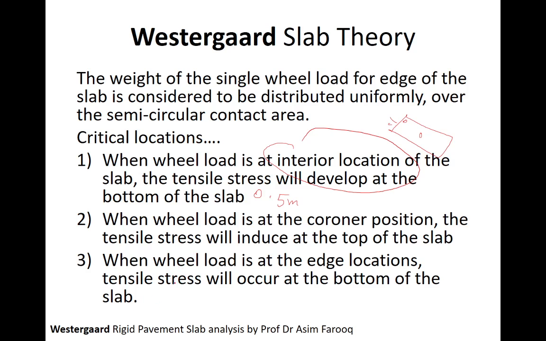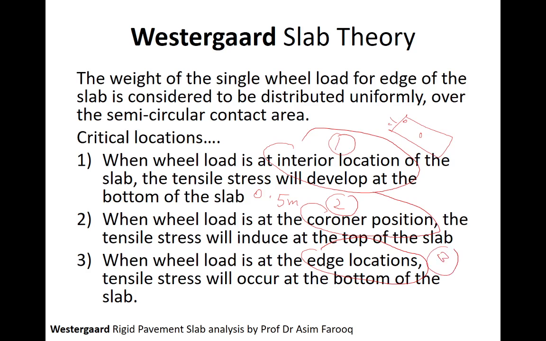So first of all, he came up with three basic positions. The first was the interior location of the slab, where the tensile stresses develop at the bottom of the slab. The second was when the wheel load is at the corner position, where tensile stresses are induced at the top of the slab.